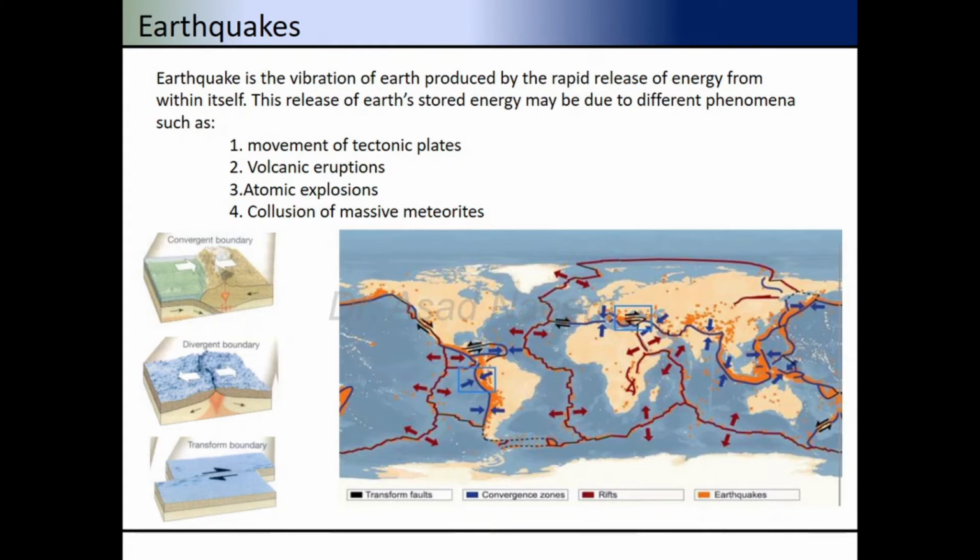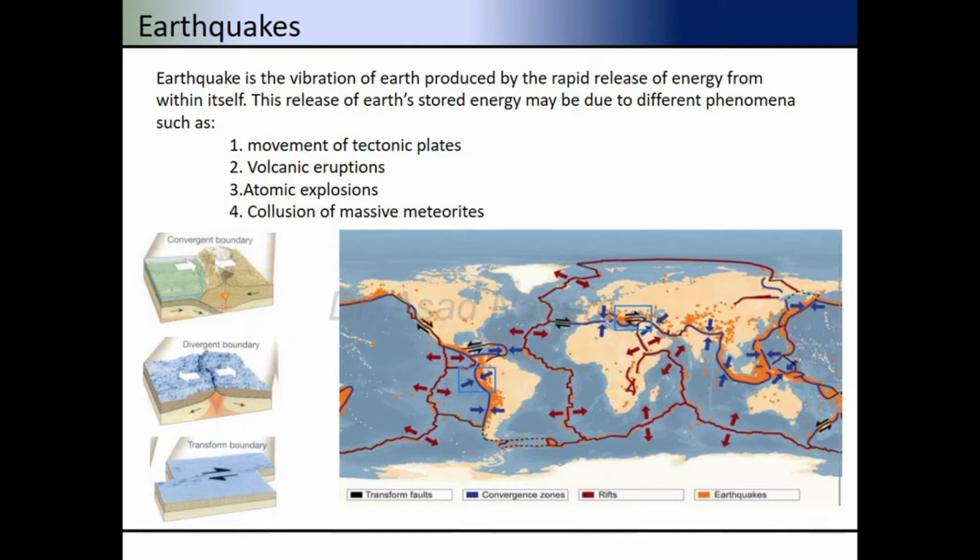Researchers have divided the Earth's crust into 18 different tectonic plates. Large faults in the Earth's crust are formed because of the action of these tectonic plates. Energy is released associated with the rapid movement of the active faults, and this causes what is called an earthquake. An earthquake is the vibration produced by the rapid release of energy from within the Earth.